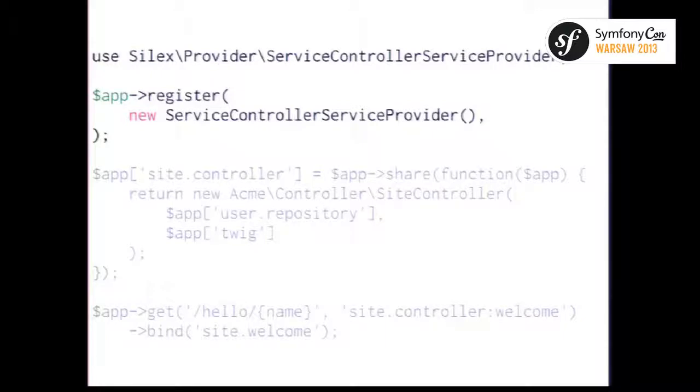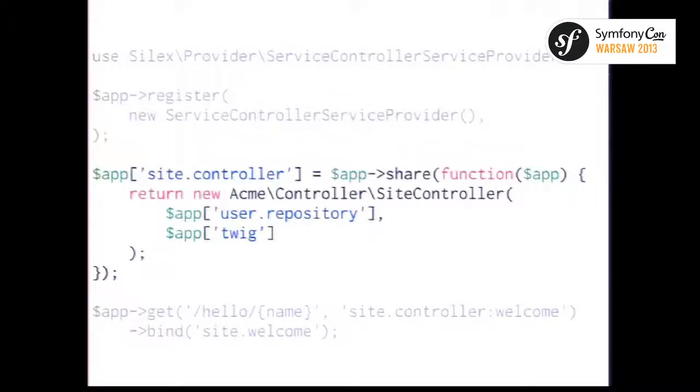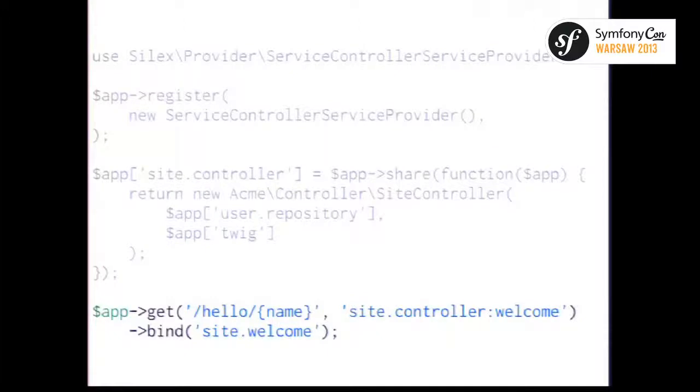It actually overrides the controller resolver, much like that previous example I showed you, but it just does it for you. How it works is you register your controller as a service on the container, passing in the dependencies it needs, and then you bind the route in much the same way, but there's one colon here. And the first part is actually the name of the service on the container, not the class.